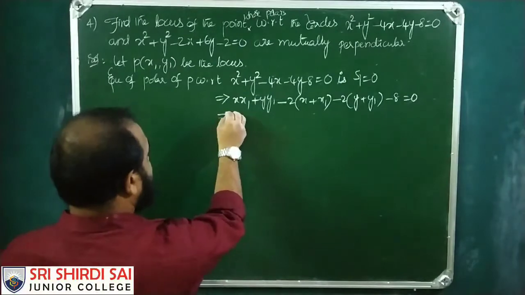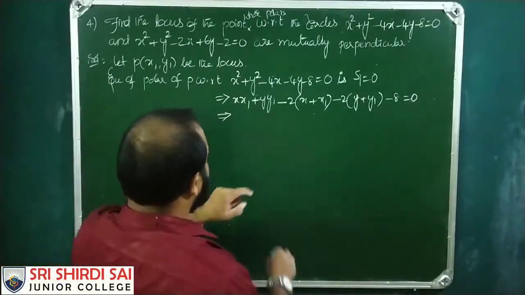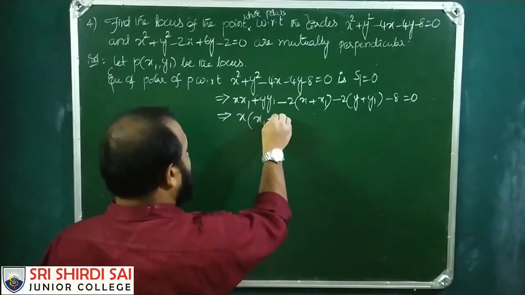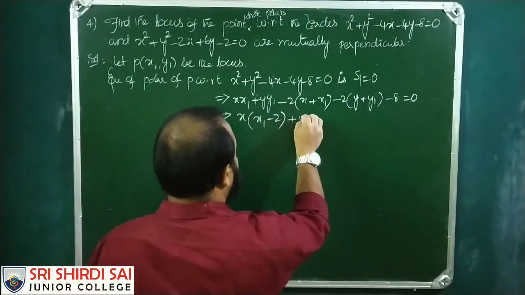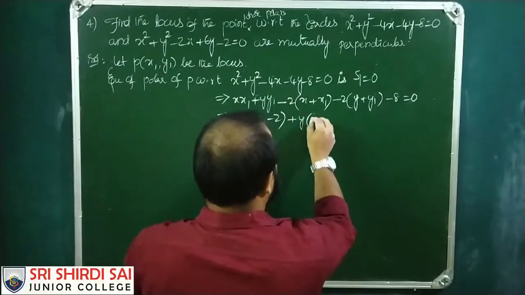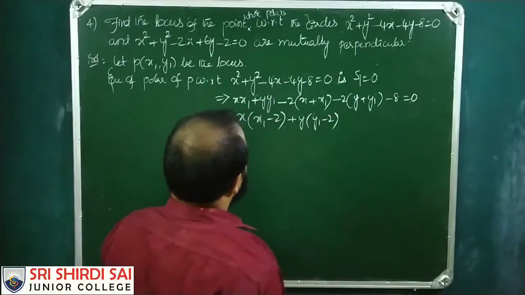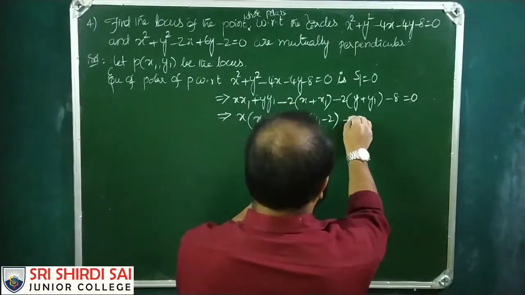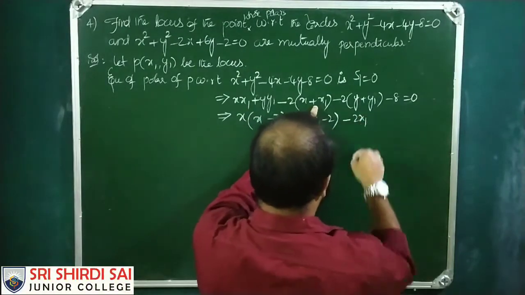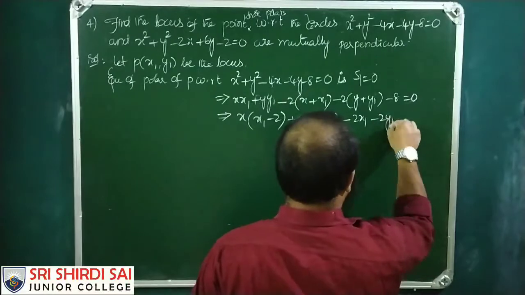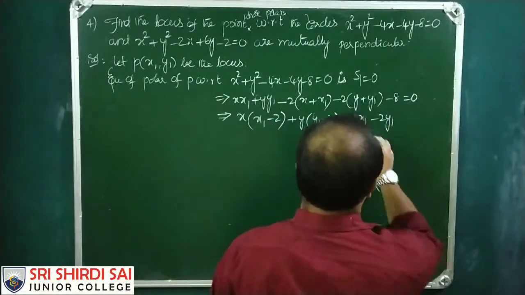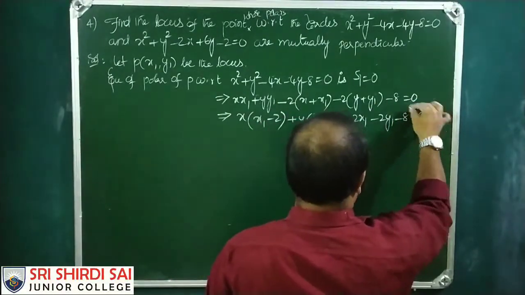So from this, x1 minus 2x, if you take x as common, (x1 minus 2), y1 minus 2y, take y in common, then (y1 minus 2), minus 2x1 minus 2y1 minus 8 is equals to 0.